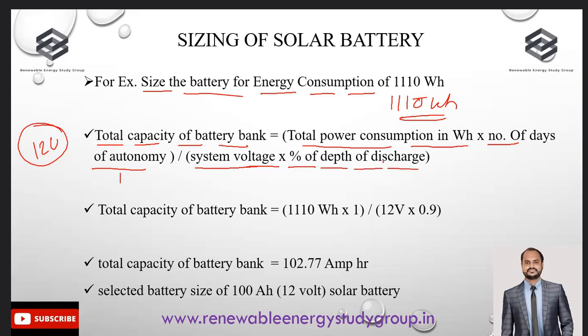It means that up to 90% of the battery's power we can take out, and whenever 10% power is remaining, we have to recharge the battery from the system. For solar combinations, we prefer to go for 90% depth of discharge, that is a deep cycle battery, because we require taking out more power, since at night time we don't have power from the solar panels.